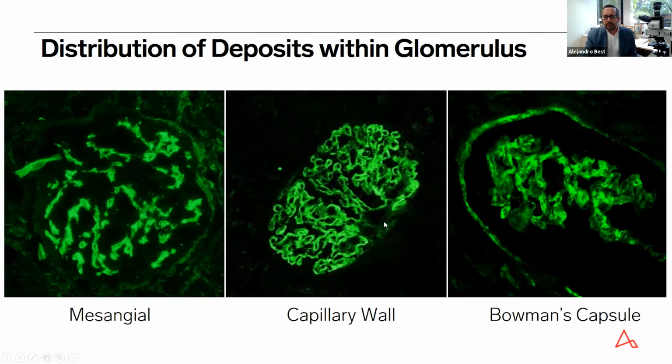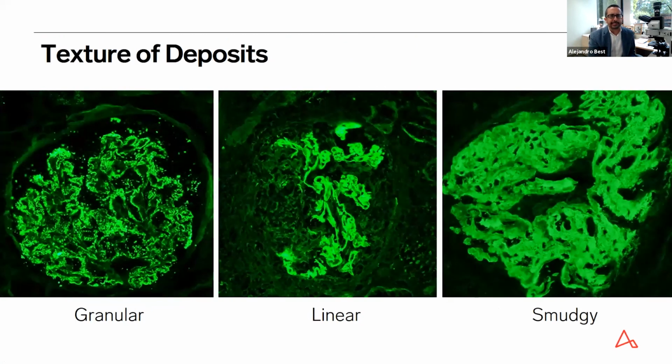And this is uncommon, but it's not only mesangial and capillary wall, you can have deposits in the Bowman's capsule. Sometimes the podocytes can stain. So it's important to really take the time to analyze your slide and get as much information as you can from the immunofluorescence. The texture of the deposit is important. There are diseases that are characterized by very granular deposits.